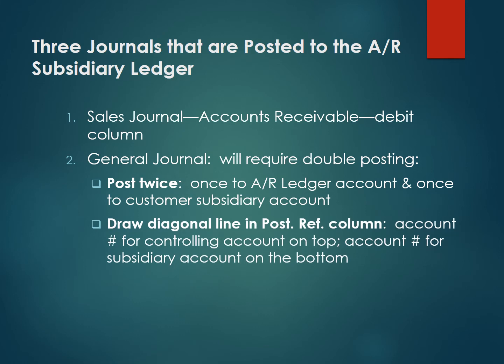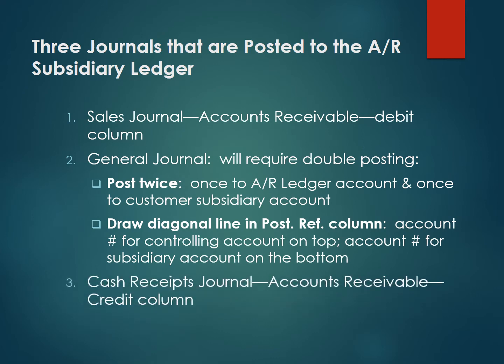That is why we have drawn a diagonal line in the post reference column of the general journal. The top part is to record the controlling account, and the bottom or below the line is to record the subsidiary account number. The third journal is our cash receipts, accounts receivable credit column.